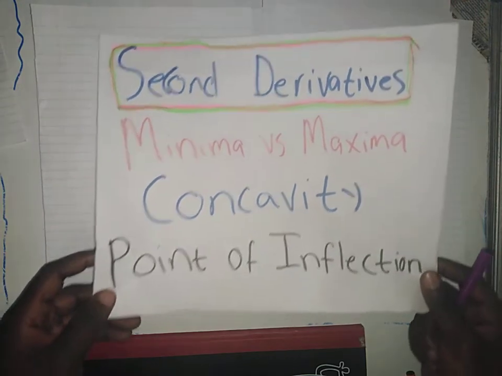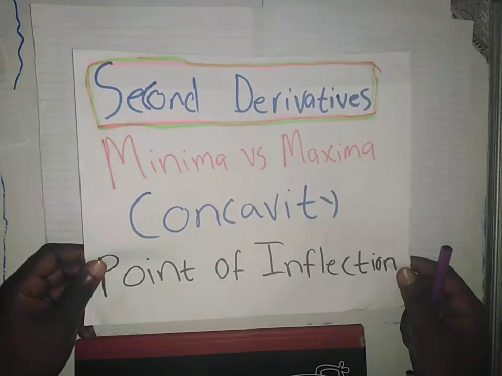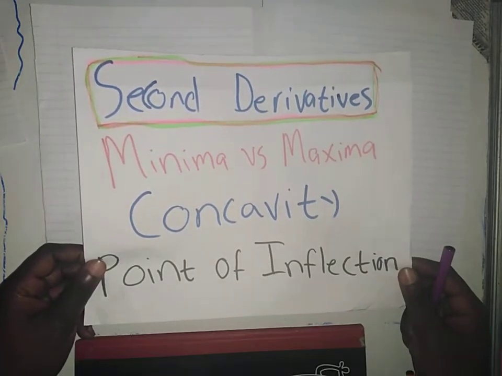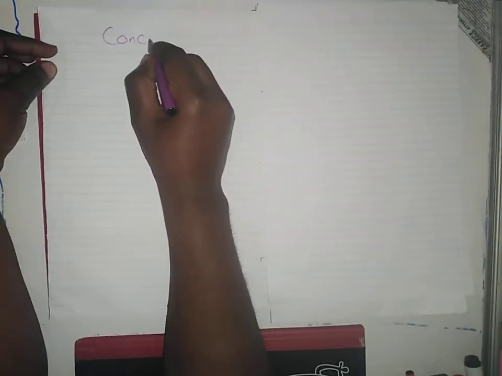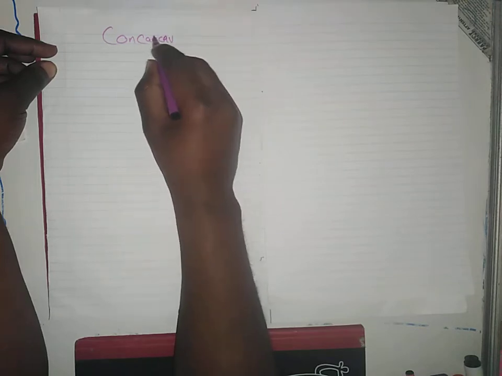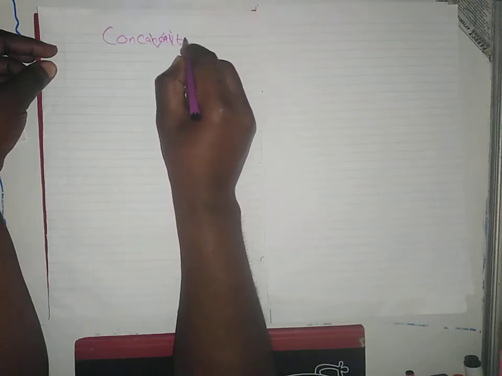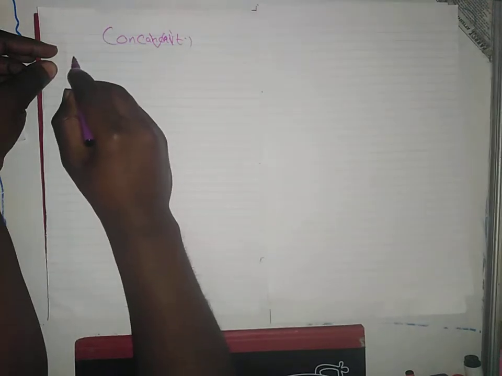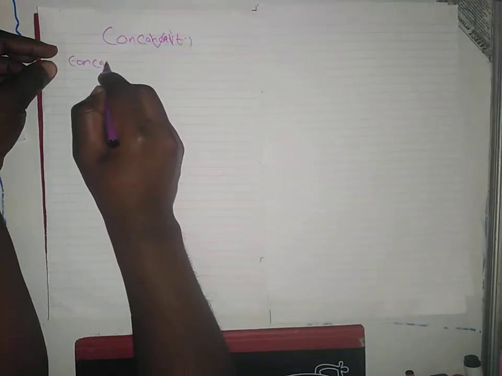So let's get straight to the chase. We are going to start with concavity. When you are speaking about concavity, there are 2 pathways that concavity can take. The first is concave up.